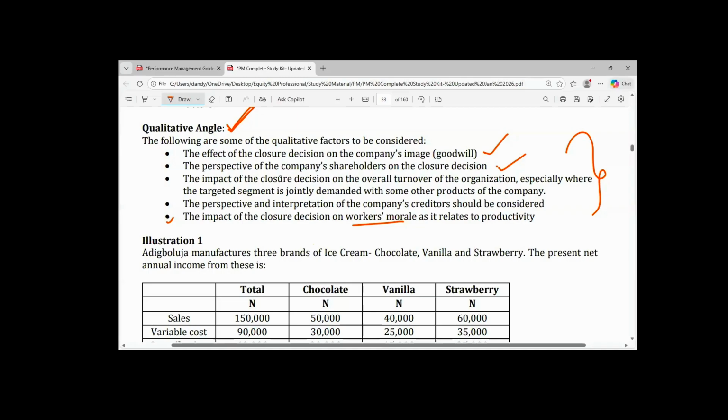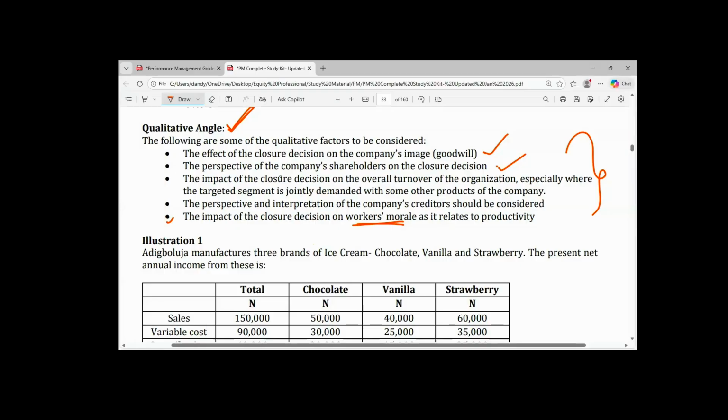So because their morale is at the lowest level, that will affect productivity. There will be no motivation to work during that period. And this is what we are saying. What will be the effects of the closure decision on workers' morale as it relates to productivity? That's number 5.